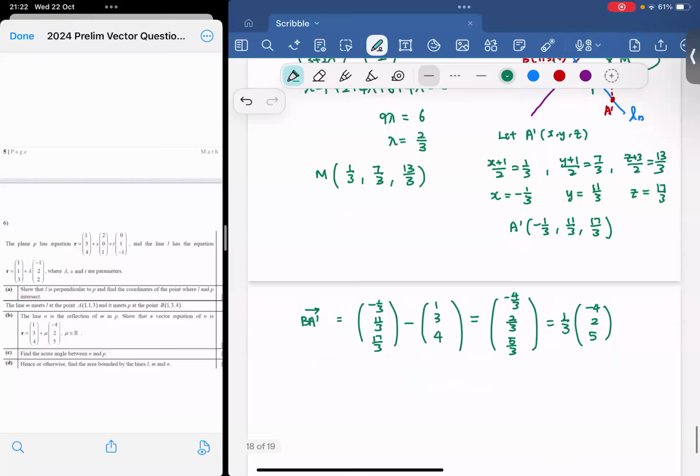Therefore line N has the equation r = (1, 3, 4) plus mu (-4, 2, 5), where mu is an element of the real numbers. We choose (1, 3, 4) because it is point B.